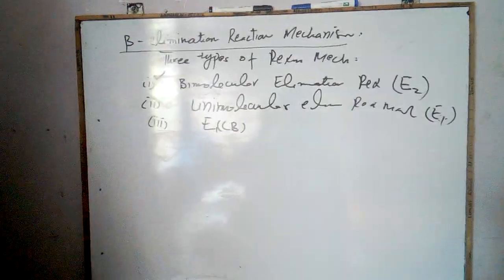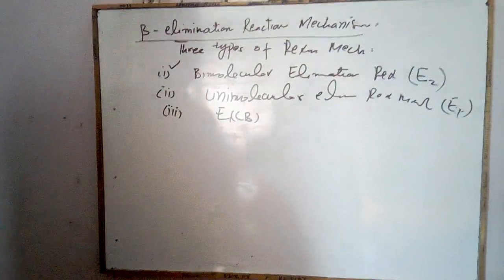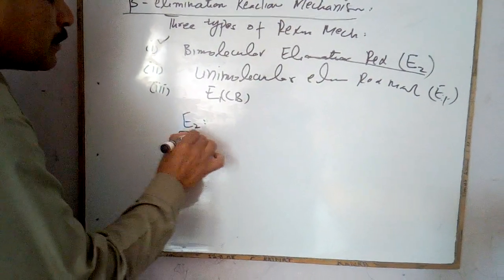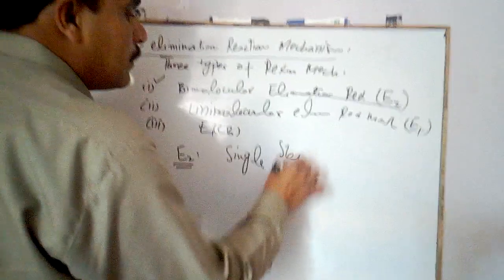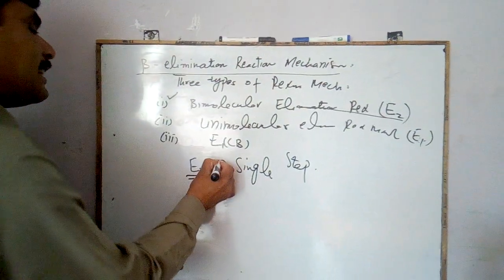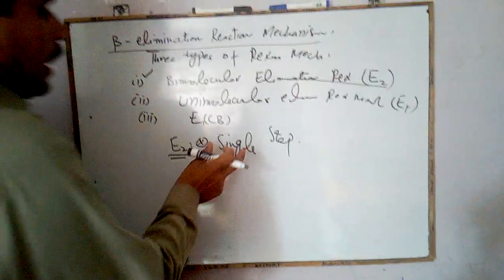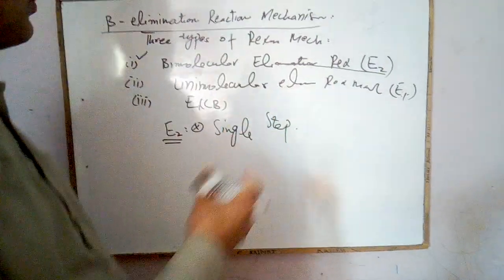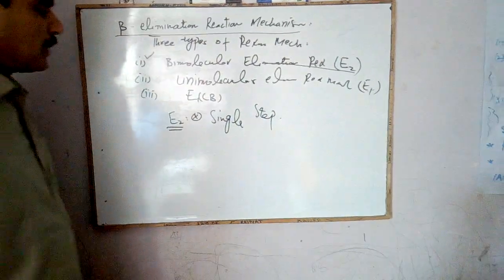The first one is the bimolecular elimination reaction, the E2 reaction mechanism. This is a single step mechanism because the removal of the proton as well as the removal of the leaving group both take place in a single step to produce the final products.